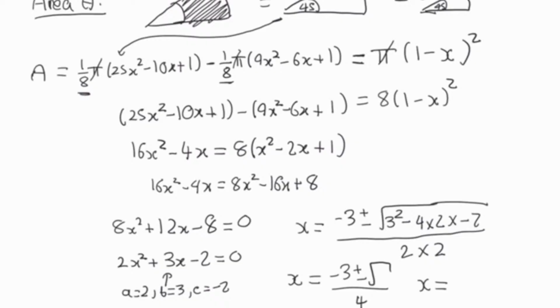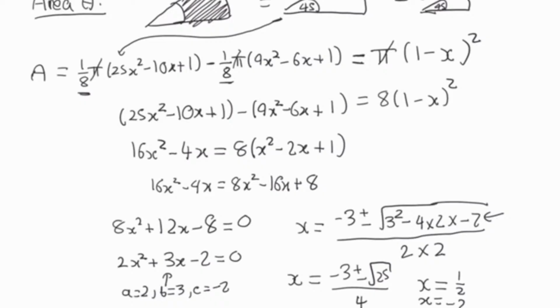So if I put it in correctly and solve this, we have the square root of 25, I believe. Now we have two solutions: x equals 2 over 4, so a half, and x equals negative 2.